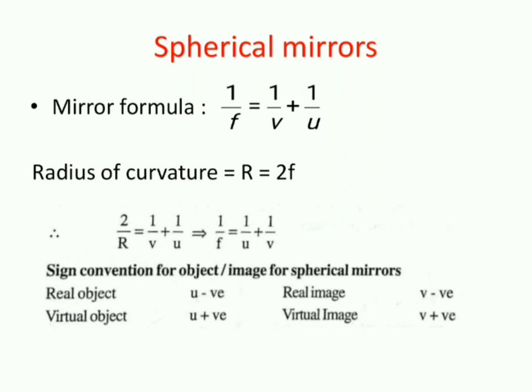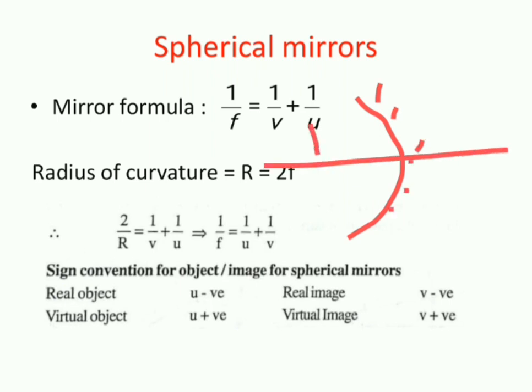Now, hope you remember the sign convention. All the distances measured in the direction of incident ray are taken positive, opposite to incident ray are taken negative. If this is your mirror and the principal axis, following those sign conventions, if object is real, that means you have kept an object in front of a mirror, this is the pole of the mirror, then we take u as negative.